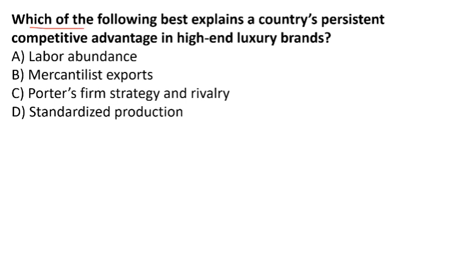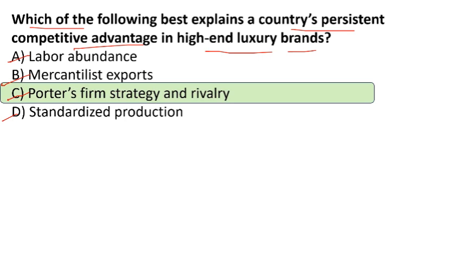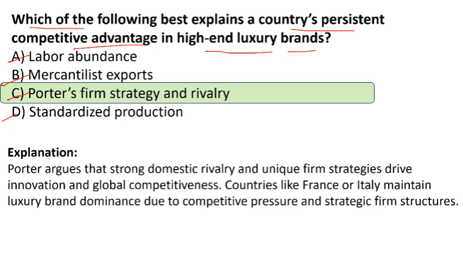Next question. Which of the following best explains a country's persistent competitive advantage in high-end luxury brands? Labor abundance, mercantilist exports, Porter's firm strategy and rivalry, or standardized production? So the right answer is option C, Porter's firm strategy and rivalry. Clear? Porter argues that strong domestic rivalry and unique firm strategies drive innovation and global competitiveness. That is what we have seen in Porter's theory.